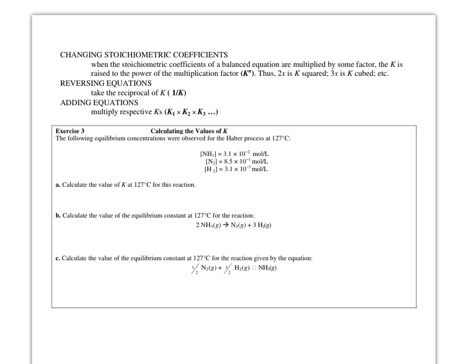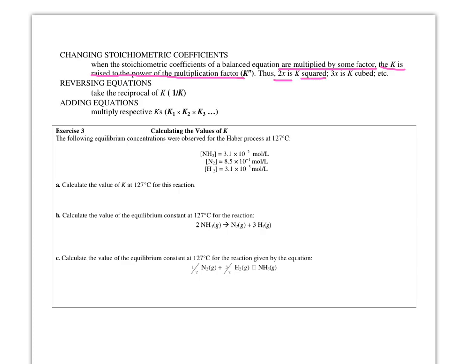So for example, if I multiply my coefficients by 2, or I double my reaction, then I'm going to see K be squared.